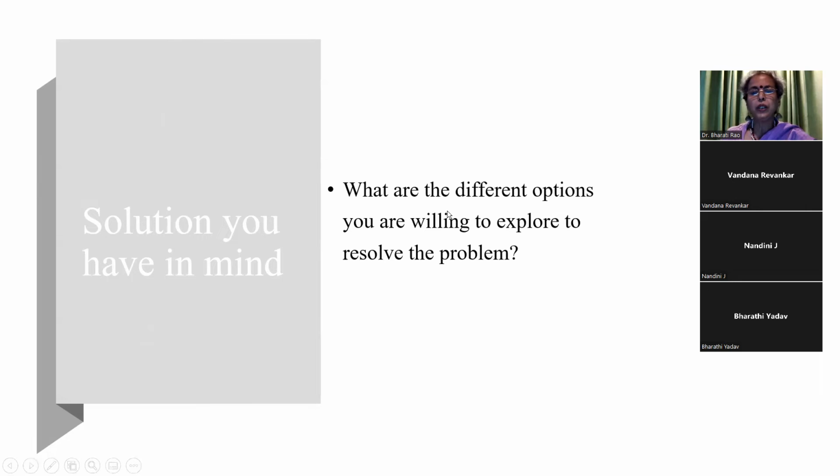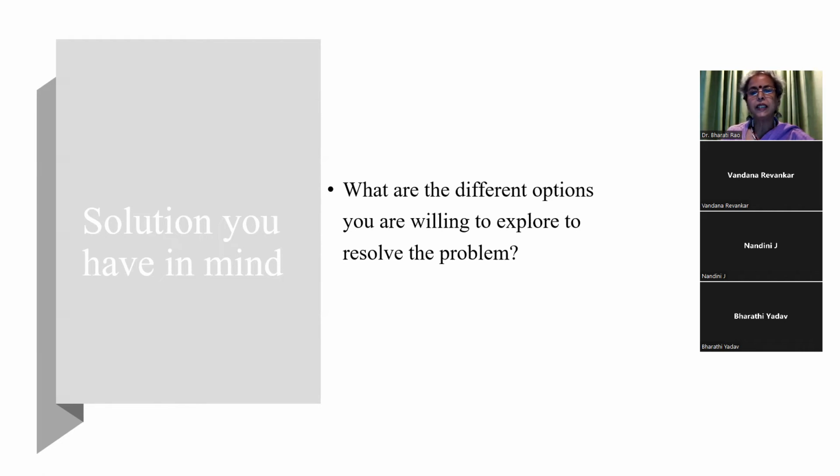Now, what are the different options you are willing to explore to resolve the problem? So when one is writing this, we have to mention what Rupa thinks can be the solution to the problem that they are facing. Why is it that they fought?